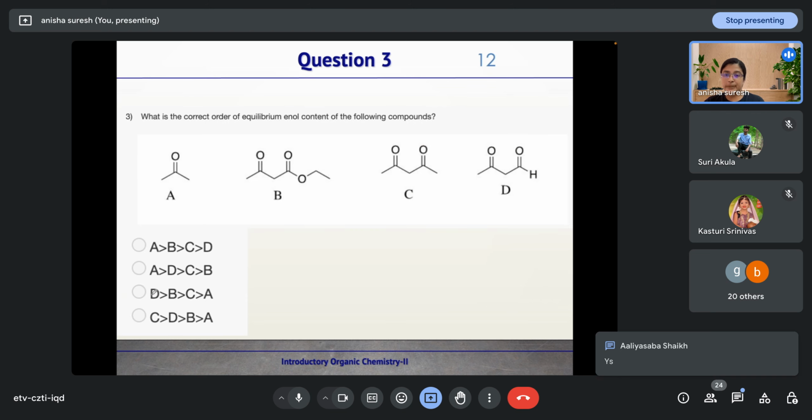Now coming to the next question. What is the correct order of equilibrium enol content of the following compounds? So 4 different compounds are given, A, B, C, and D, and what will be the order? They have given 4 options. What will be the correct order of equilibrium enol content?